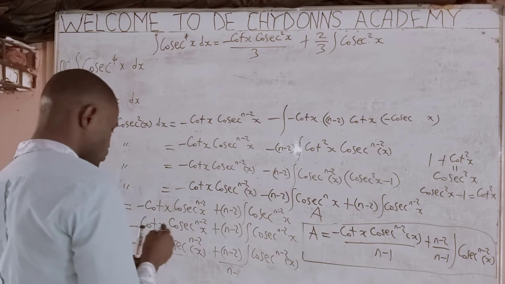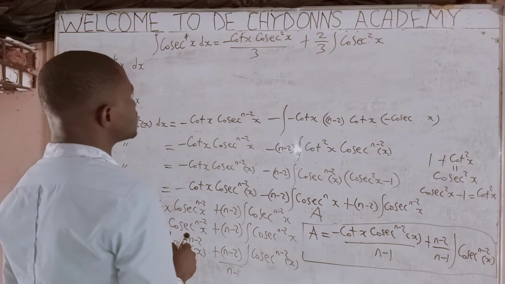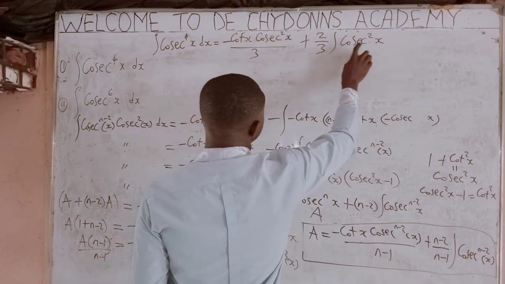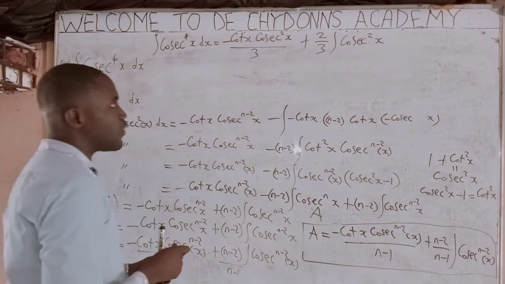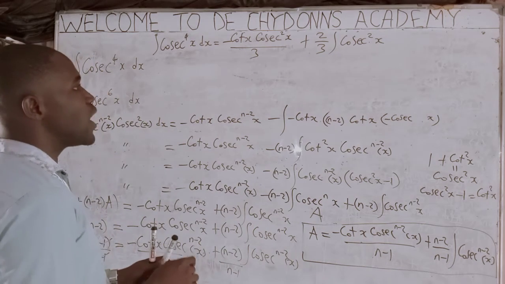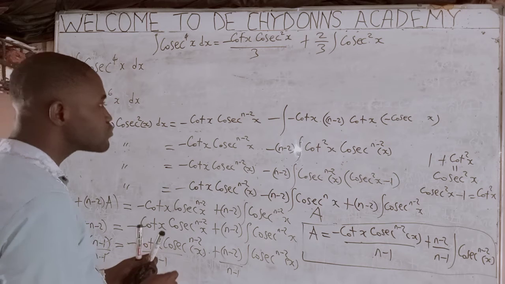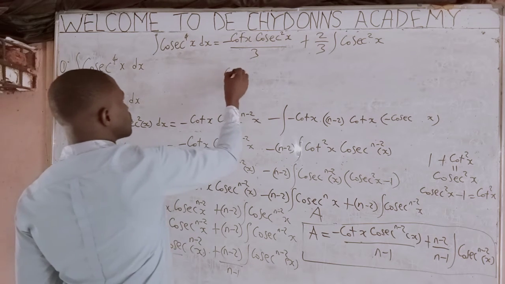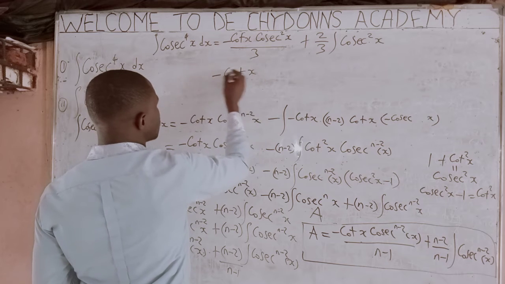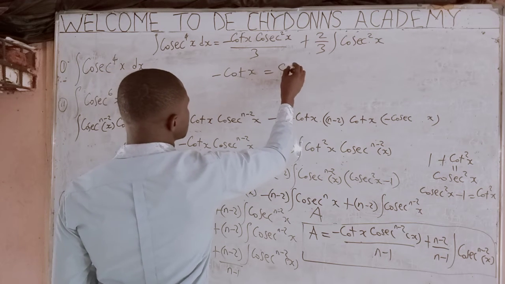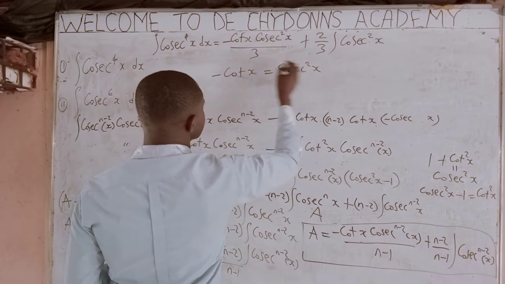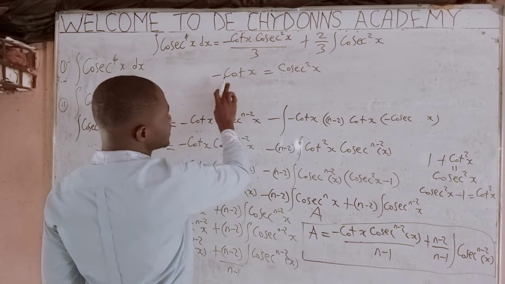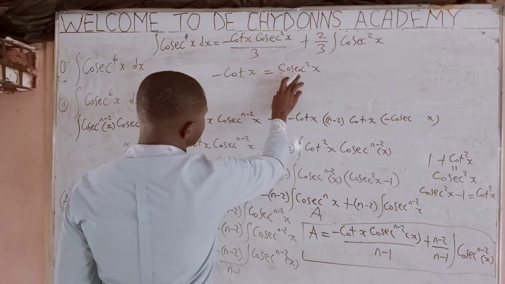Now the question is, when you integrate cosec squared x, what will it give us? Remember that when you differentiate cot x, it will give you minus cosec squared x. So when you differentiate this, you get this.